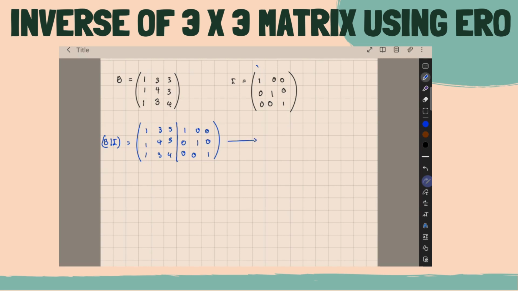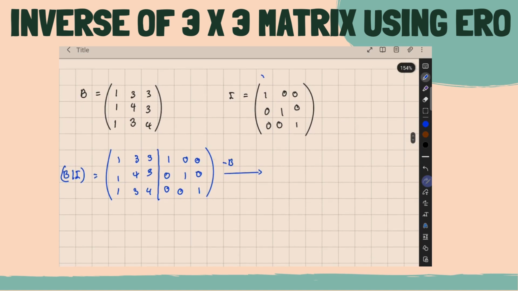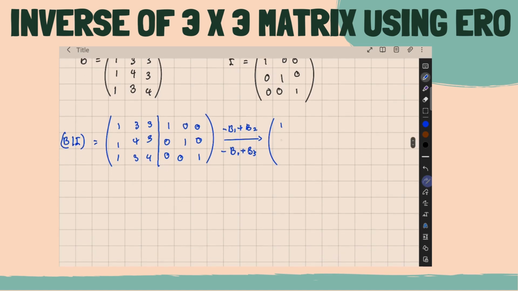So we can solve here using negative b1 plus b2 and negative b1 plus b3. So what we'll get here is 1, 0 and 0. So we have gotten 0 for the first column underneath that 1.